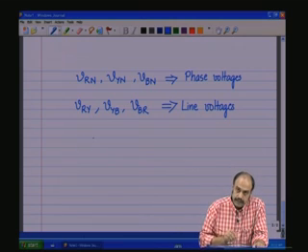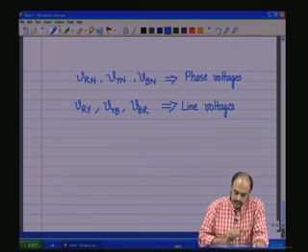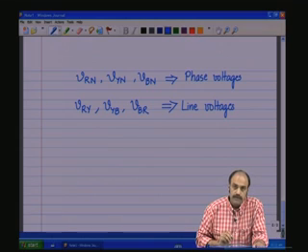Now, there is a relationship between the line voltage amplitude and the phase voltage amplitude.